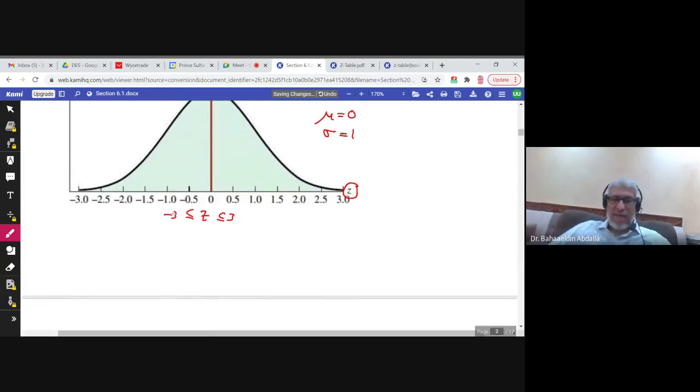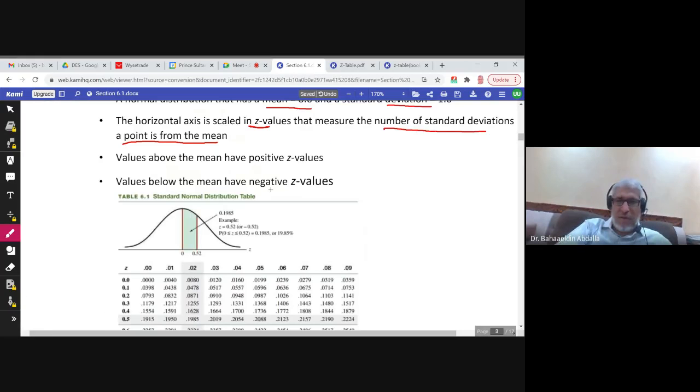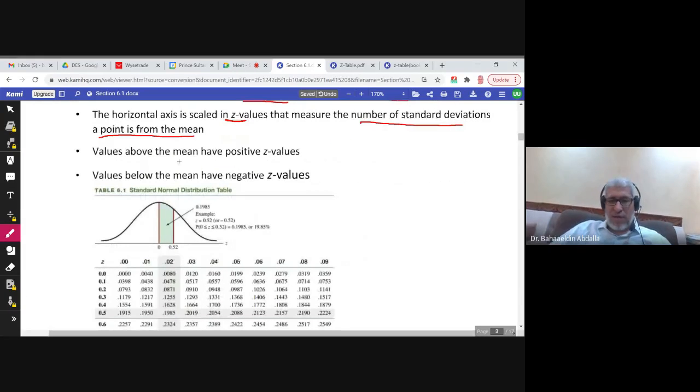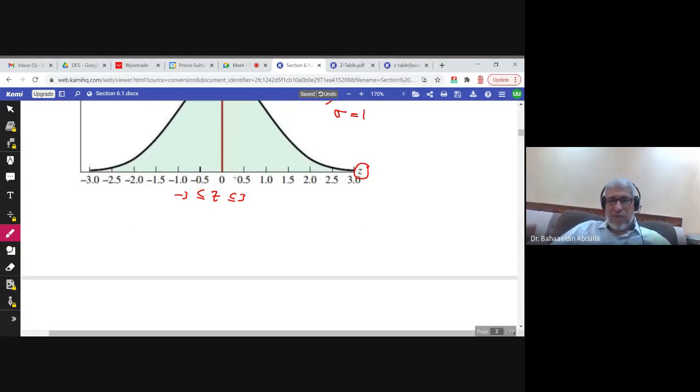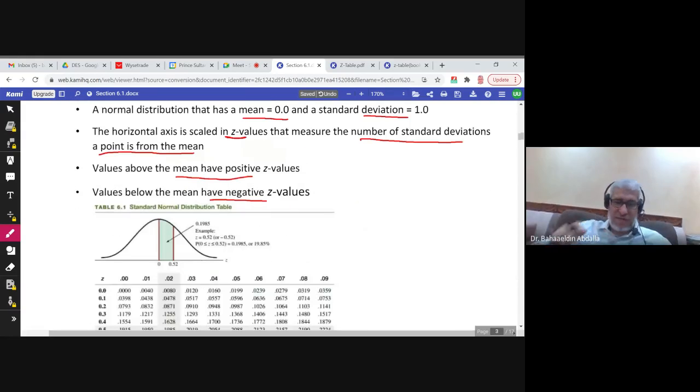So when you say Z is 2, this means it's 2 standard deviations from the mean. Values above the mean are positive, values below the mean are negative. This is 0, here positive values, here negative values. These are the characteristics of the standard normal distribution.